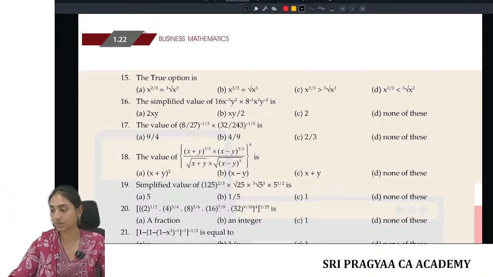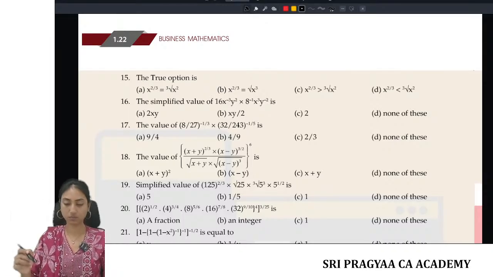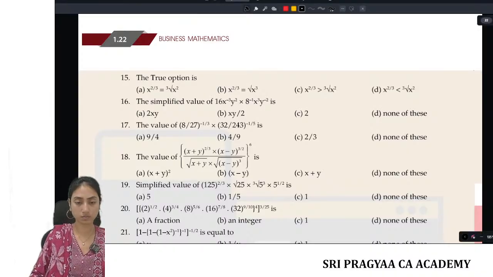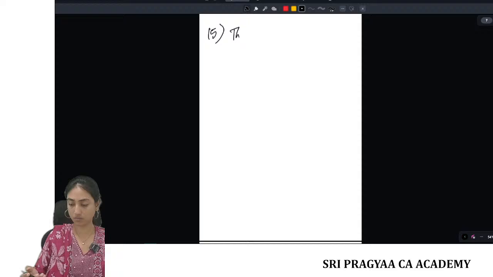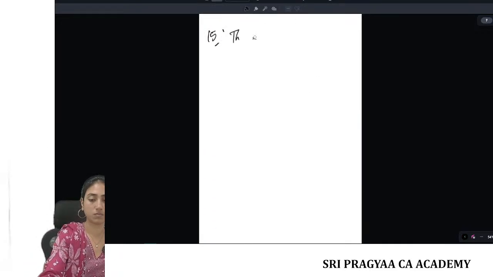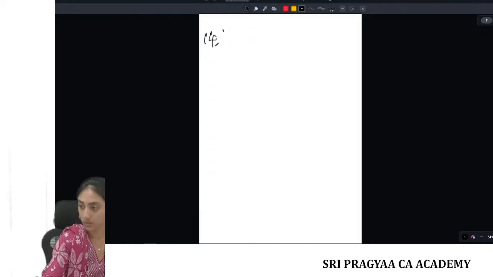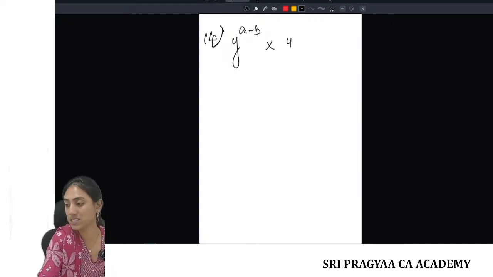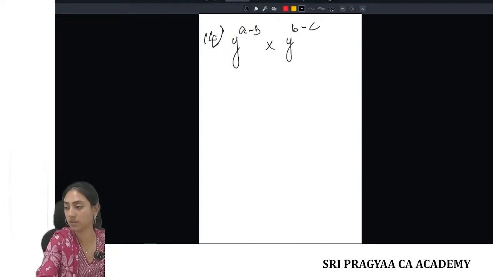Fourteen. How did you work? So 14th. This is where signs become very, very important. Plus and minus, where it is given.